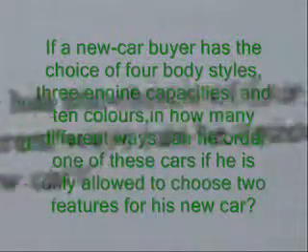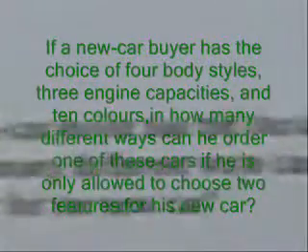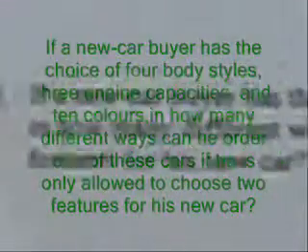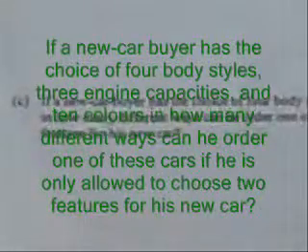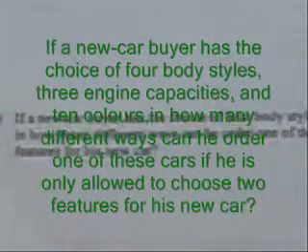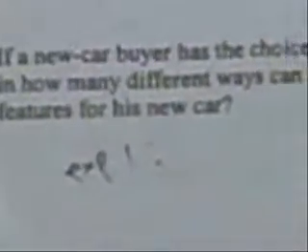Question C. If a new car buyer has the choice of 4 body styles, 3 engine capacities, and 10 colors, in how many different ways can he order one of these cars if he is allowed to choose 2 features for his new car? Okay, for experiment 1, he can use either body style and engine capacity.